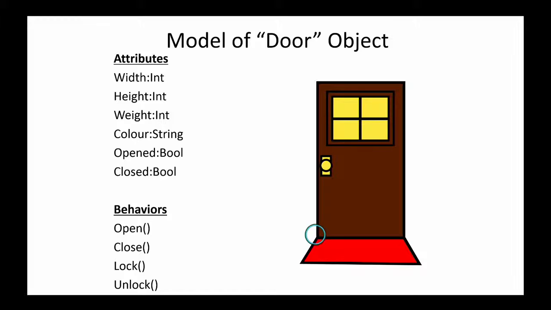If I locked the door, then the opened attribute will be no. If I unlocked the door, the opened attribute will be yes. So the point I'm making is that the open, close, lock and unlock behaviors will have some effect on the attributes.